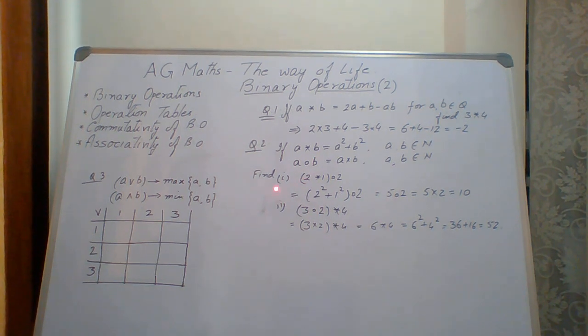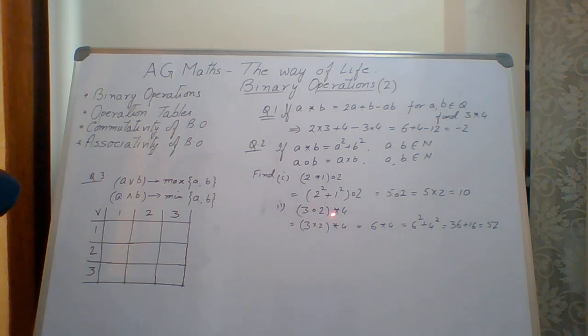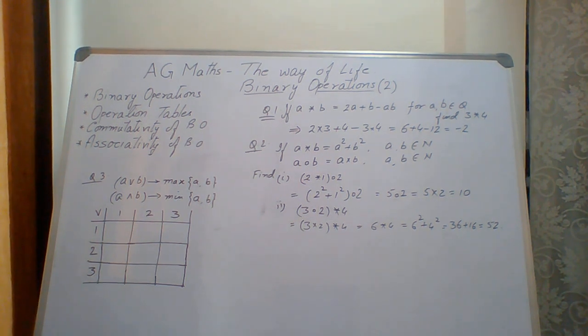Now the second part for this type of problem was (3 o 2) whole binary 4, that means 3 binary 2 whole binary 4. So 3 binary 2, we will apply this formula which is given here. We treat it as a formula or a type of relation and we use it: 3 into 2, then binary 4.